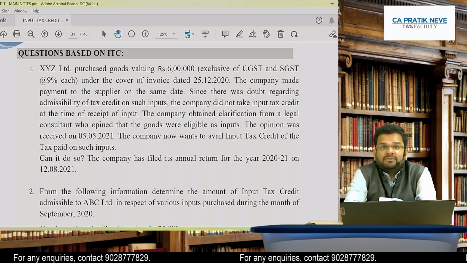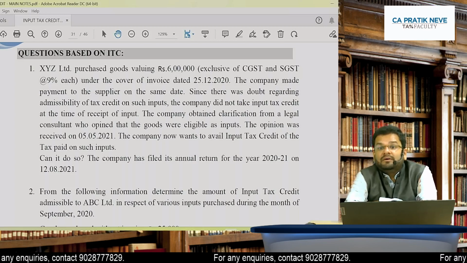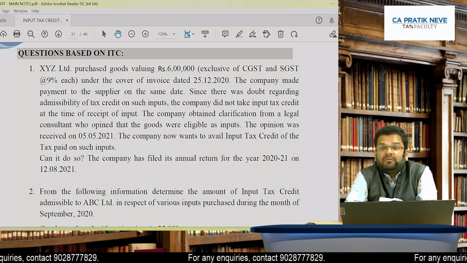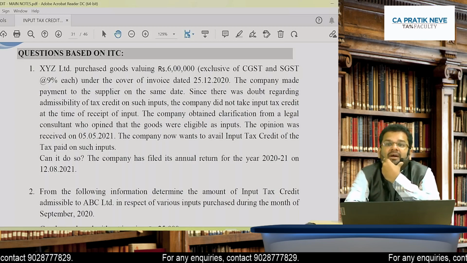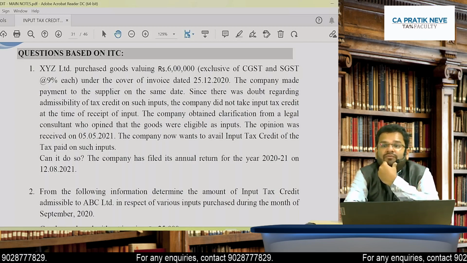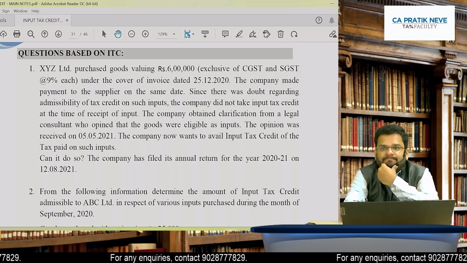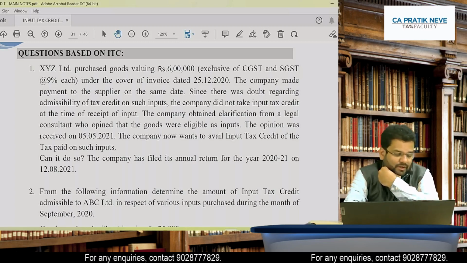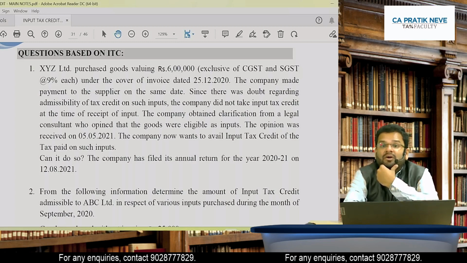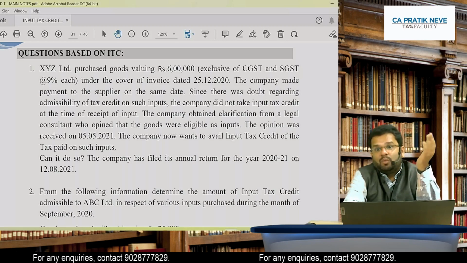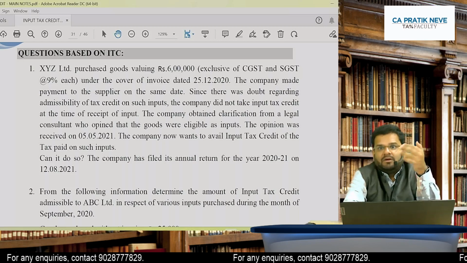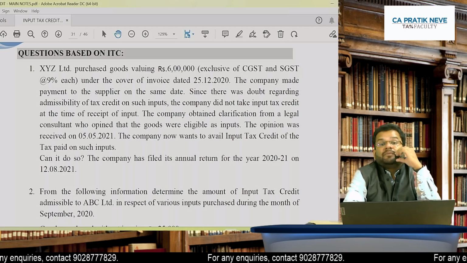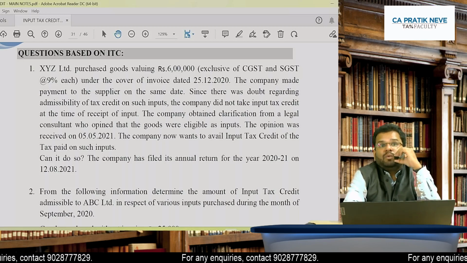Why 31st March 21? What is the date of the invoice? Date of the invoice is 25th December 2020, which is financial year 2020-21. September after that is September 2021.